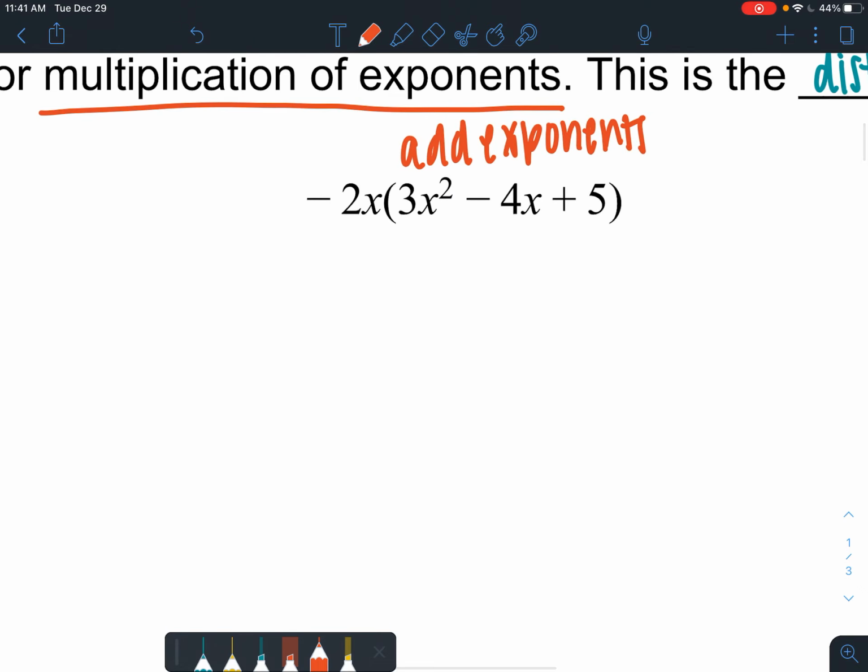So to do this problem, we're going to take this 2x and distribute it all the way through. So this is x to the first out front here. So I first multiply my coefficients first.